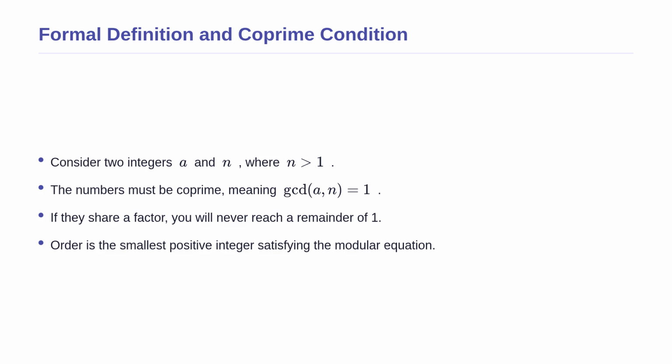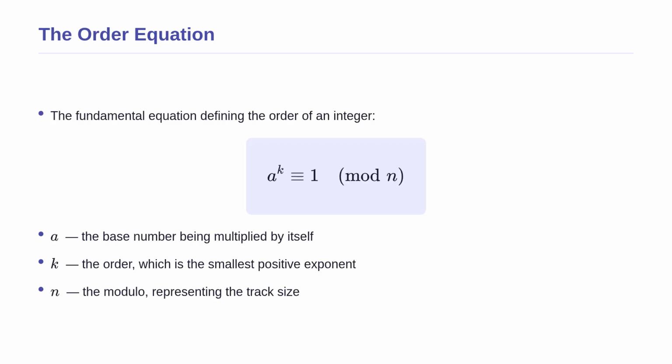equation. This brings us to the mathematical formula that defines the order. The equation states that a raised to the power of k leaves a remainder of 1 when divided by n. Let us break down every symbol here. The letter a is the base number we are multiplying by itself. The letter k is the exponent, representing how many times we multiply it. This k is our order.